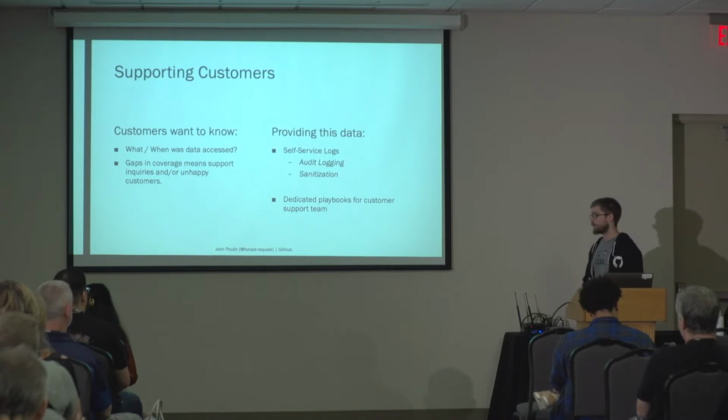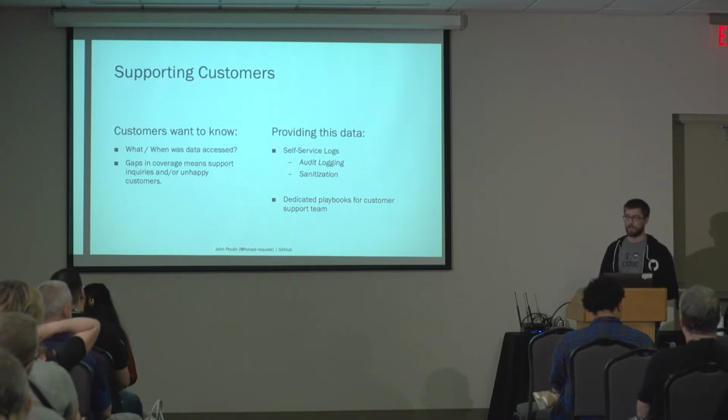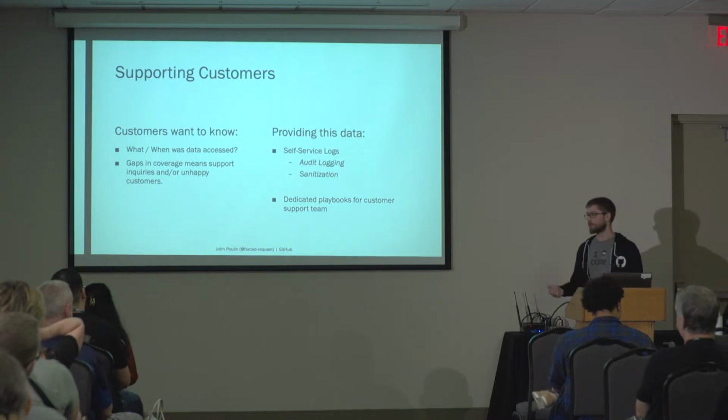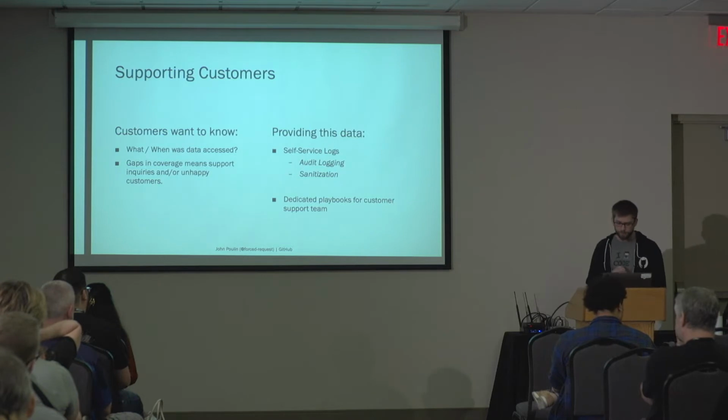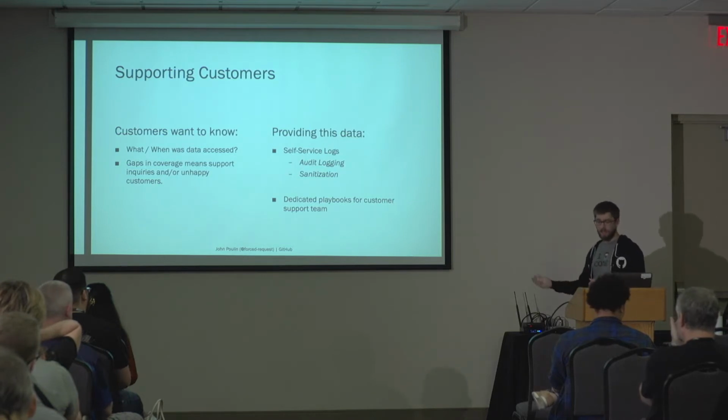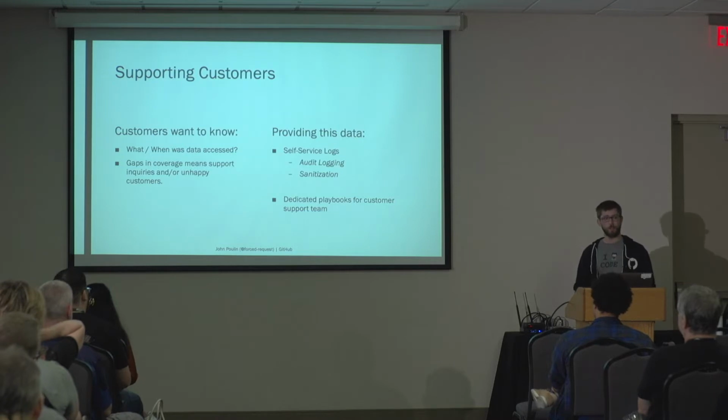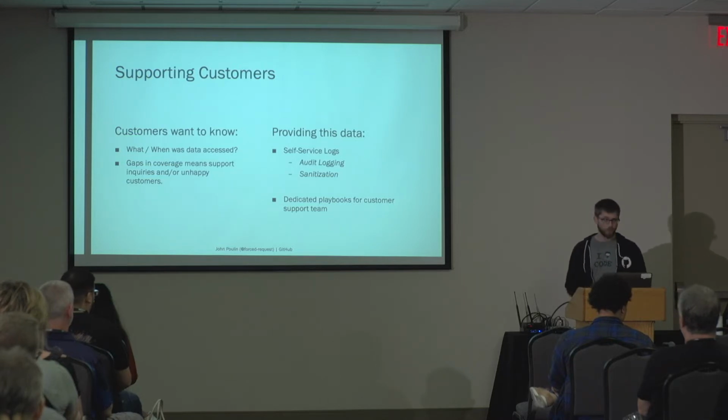You also want to make sure you're not disclosing credentials or tokens, things of that nature. So anything that you would consider business sensitive, you need to have sanitization in place. And then again, having dedicated playbooks for support goes a long way to help your support team provide customers with the information that they're looking for.